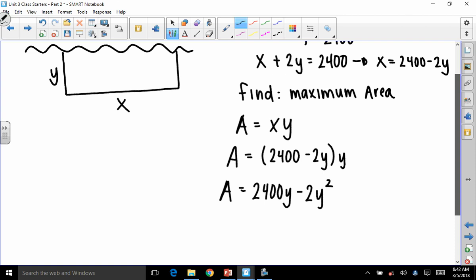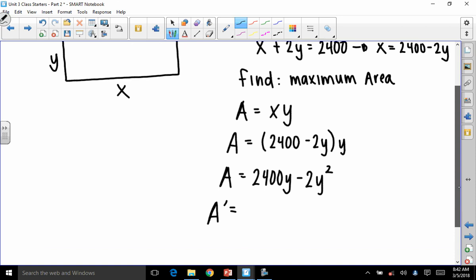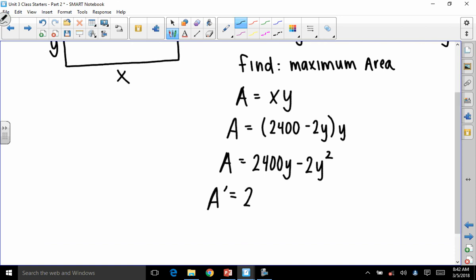And really, you don't even need calculus to do this because that's a parabola that's upside down, so where's the maximum going to have to be? At the vertex, right? So you did this exact problem in altitude trig. It's just now we can do it using calculus instead of having to remember formulas. So if we wanted to find the derivative of this to find the critical numbers, what is the derivative of your area function? 2,400 minus 4y.